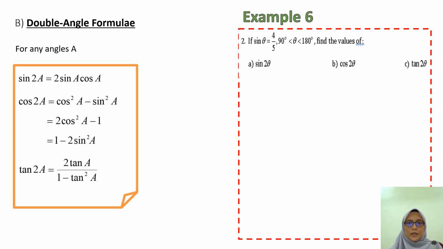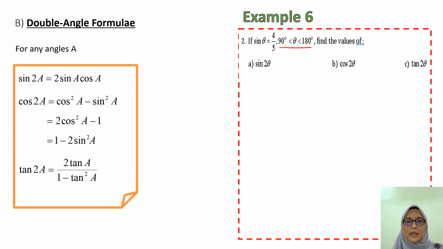Okay, so this one, example 6, number 2: if sin theta equals 4 over 5, given the value for theta is 90 to 180, find the value of sin 2 theta, cos 2 theta, and tangent 2 theta. Okay, so this is already mentioned, theta is in the second quadrant.